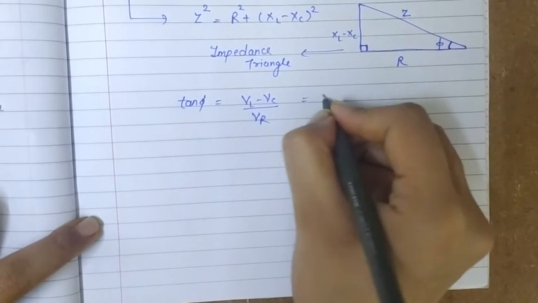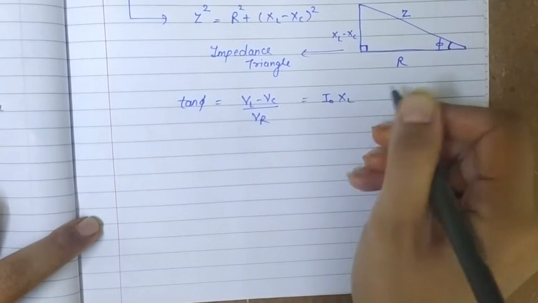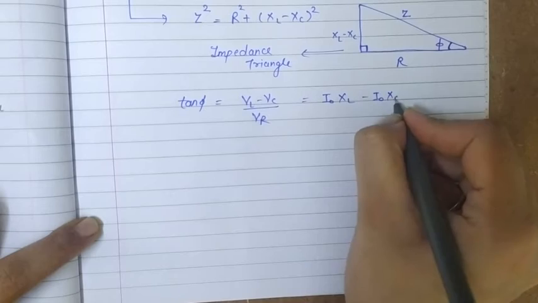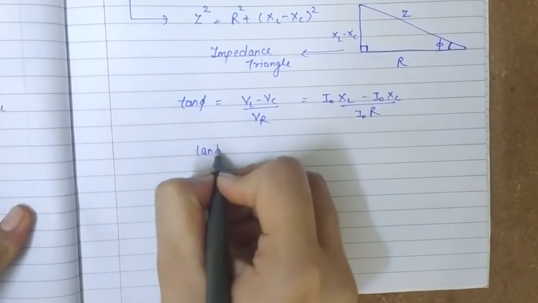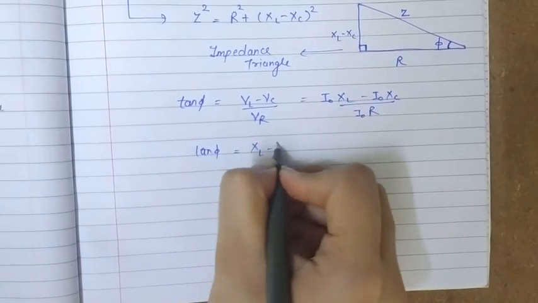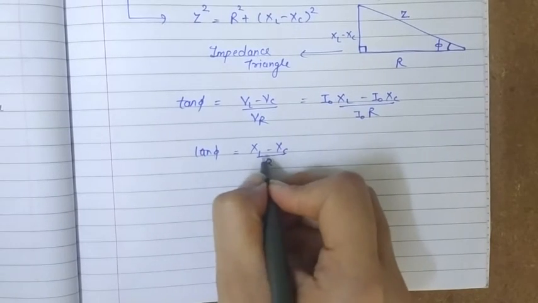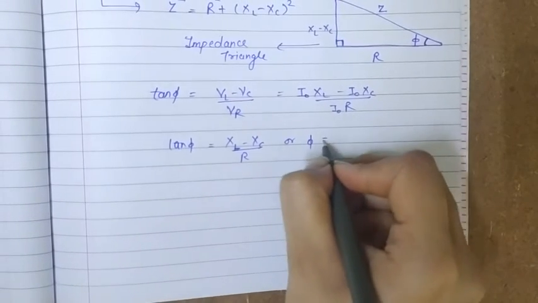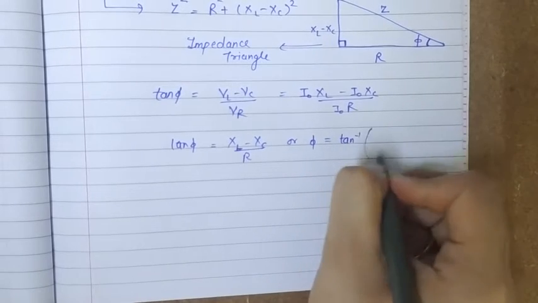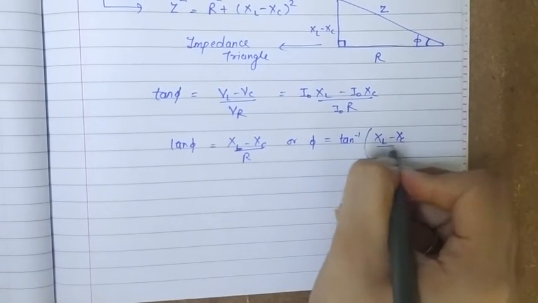On substituting the values, we write it as I naught XL minus I naught XC upon I naught R. I naught will be cancelled out, and tan phi is equal to XL minus XC upon R, or phi is equal to tan inverse of XL minus XC upon R.